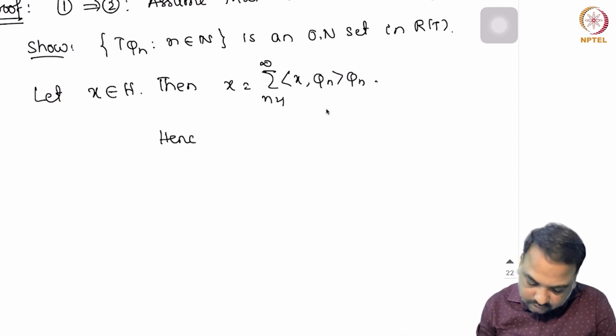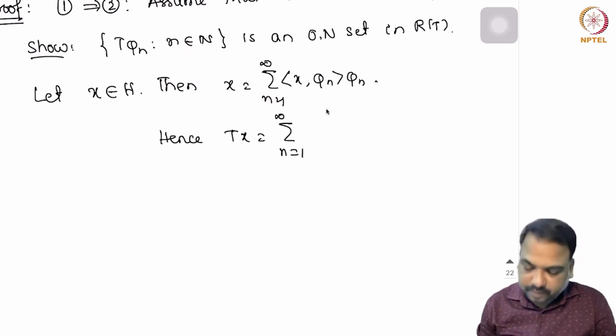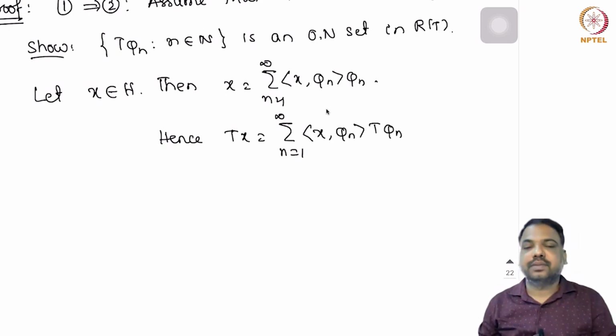Hence T of x is summation n equal to 1 to infinity of the inner product of x with phi n multiplied by T of phi n.